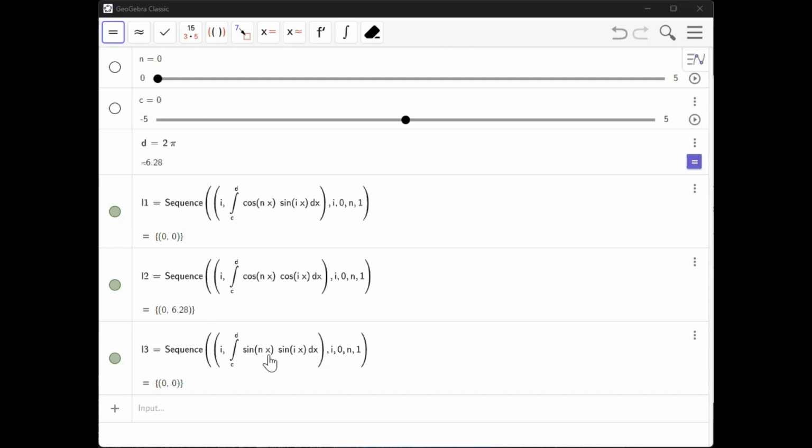And this is the integral for sine, where the sine indices are different. There will be one example when n is equal to i, which should be the one non-zero case. They are both 0 in this case, even though i and j, or n, are equal here, because sine of 0 is 0. So the integrand is actually 0 at this point.